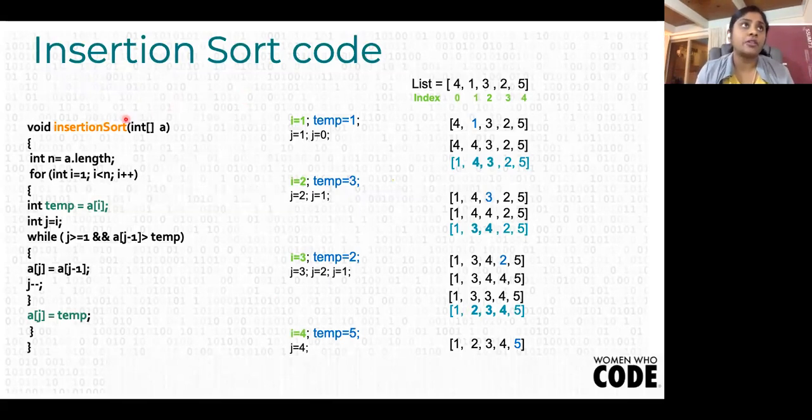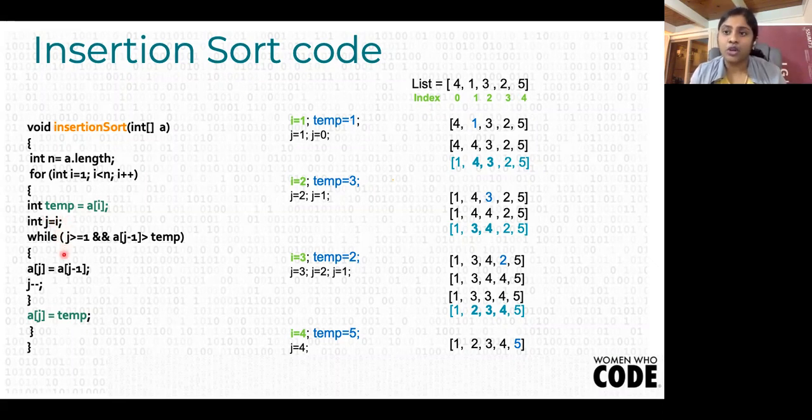So what we have here is a method, insertion sort, that takes an array, and n is the length of the array. We are iterating over the elements from the start to the end of the array, having a temporary variable that holds the element that we are currently visiting. And we have another pointer j that starts with i, and it keeps checking the previous elements, its immediate previous element, to see if it's smaller.